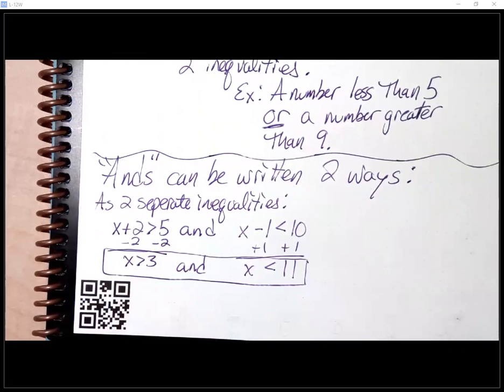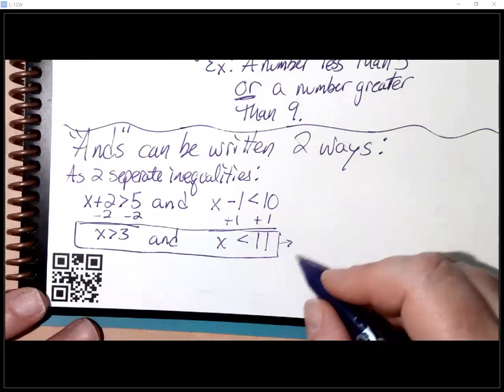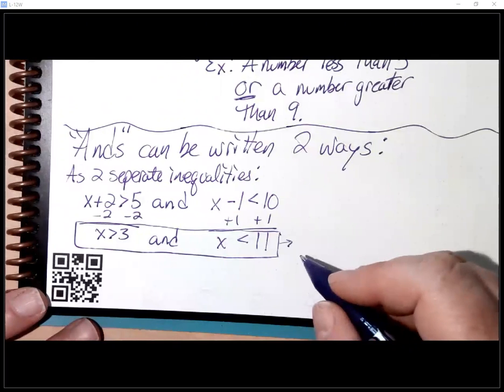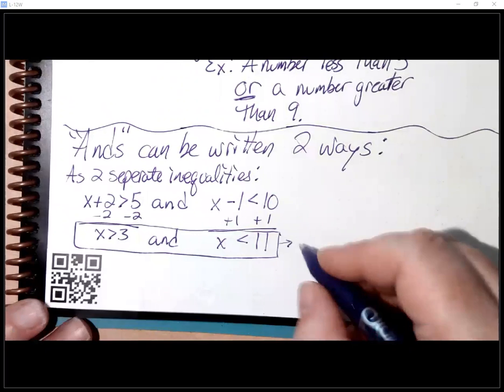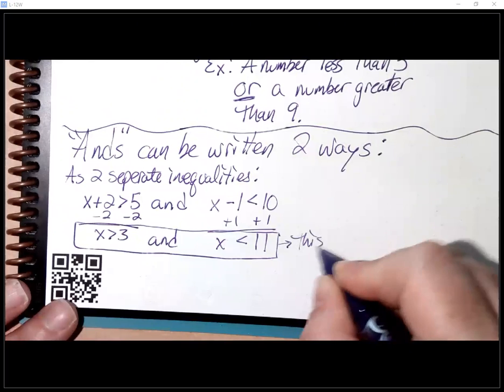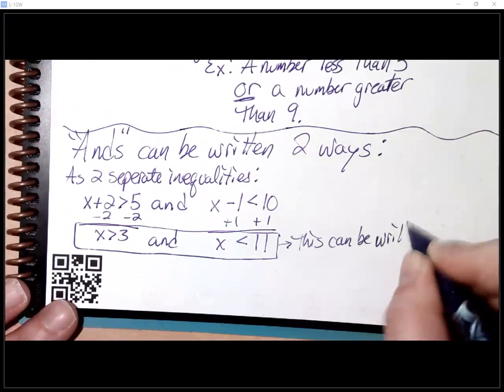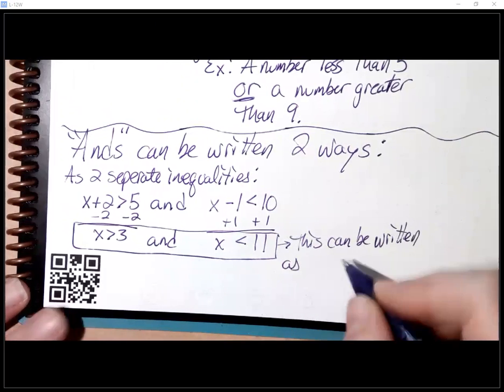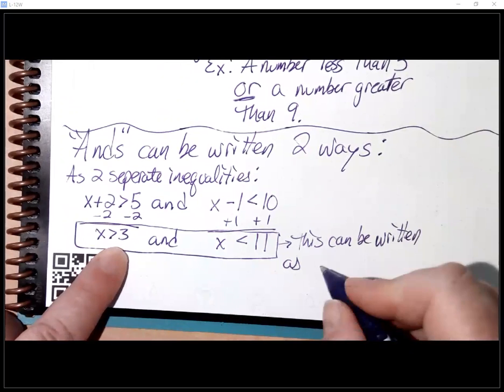You can also rewrite this as we talked about before, sort of making that and sandwich. It's a good habit to get into to rewrite it this way. You don't have to, but what if you're taking multiple choice and they show the answers like this? So this can be written as, you take the smaller of the 2 numbers, which in this case is 3, and then the arrows always point the same way.